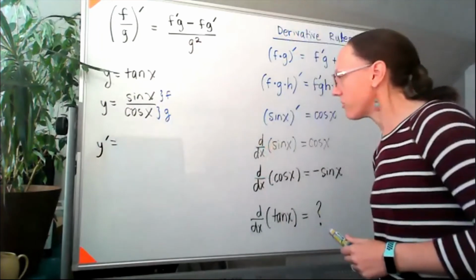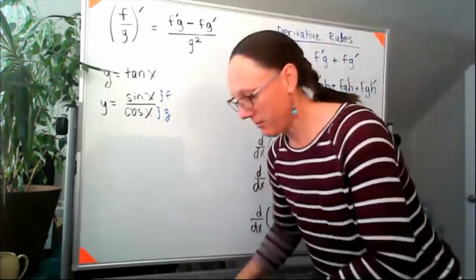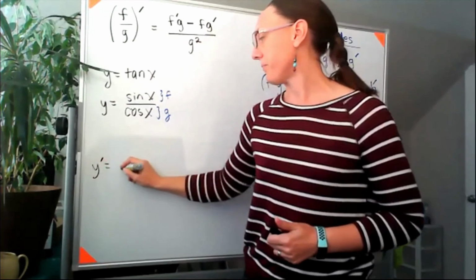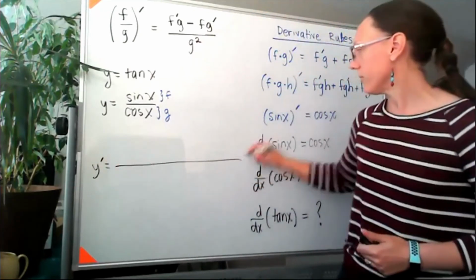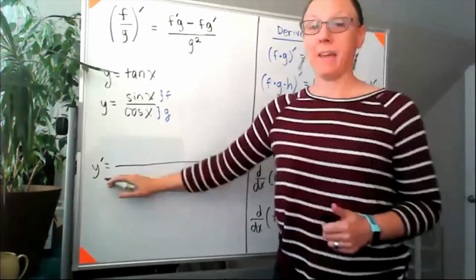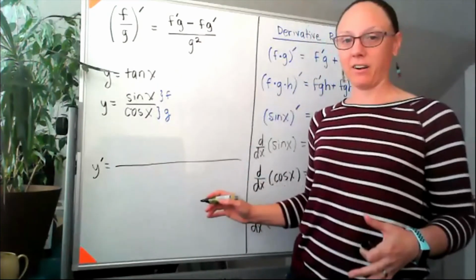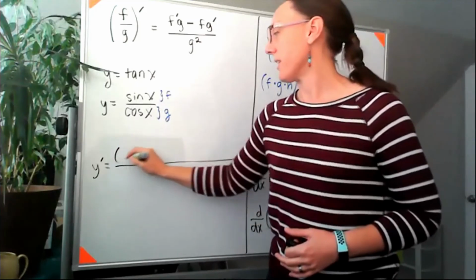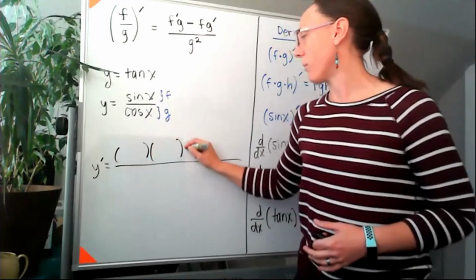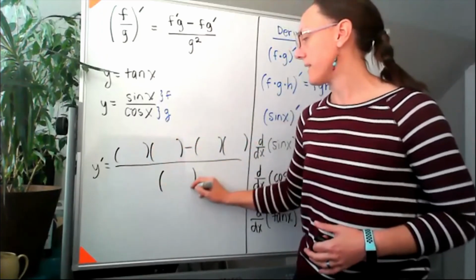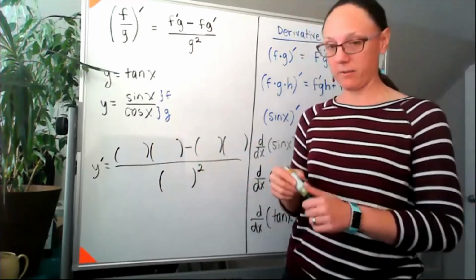So when I go to take that derivative, I'm getting myself a nice big fraction bar, because I need my 4 parts on the top and the piece on the bottom that's squared.